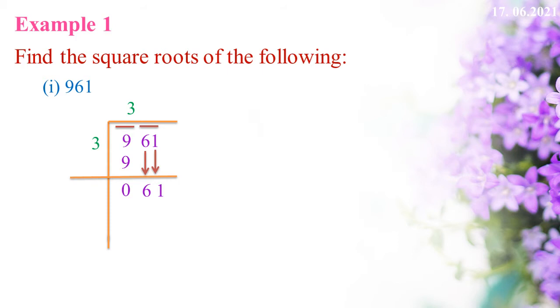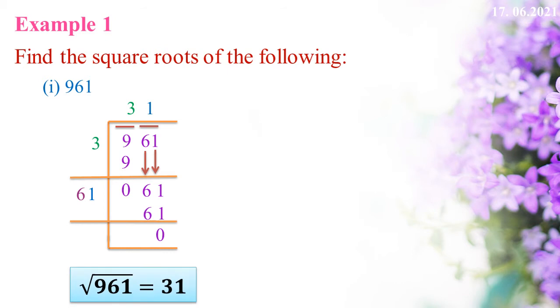Here, on doubling 3, we get 6, and annexing with it a suitable digit. Here, the suitable digit is 1, which is also taken as the next digit of the quotient. So, multiply 1 and 61, we get 61. Now, subtract 61 from 61.